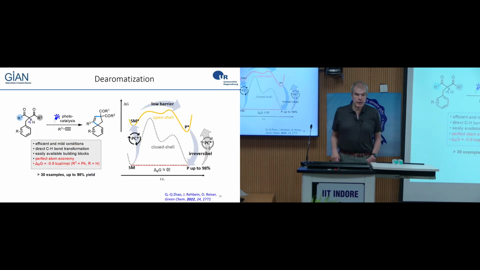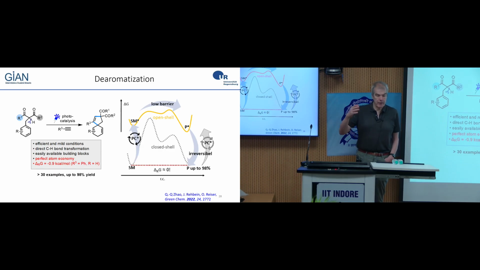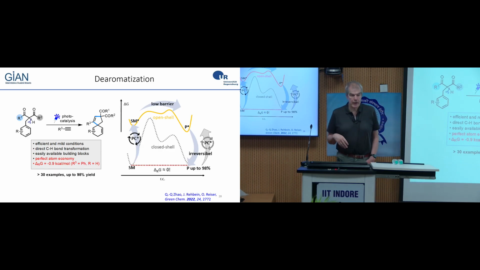And I can also show you that typically in the dearomatization, or typically in these uphill type catalysis, single electron transfer processes are of course also possible. And that is an example here from our group where we use photocatalysis, but this time by photoredox catalysis, we are making the radical here, which I have shown you previously already a lot, by the oxidation of the malonate.